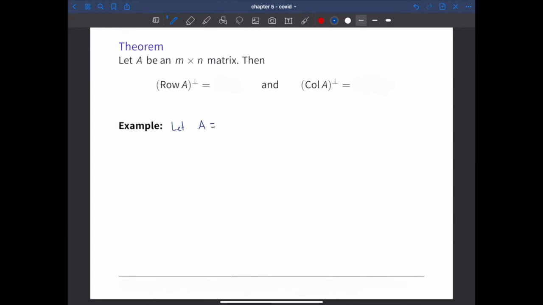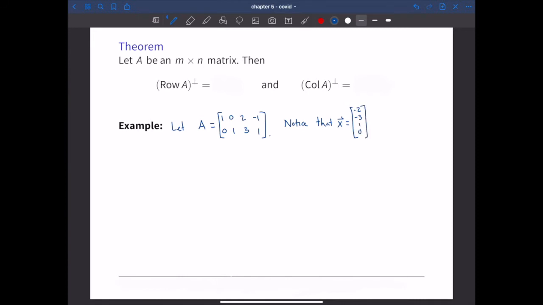Let A be the following matrix: 1, 0, 2, -1, and 0, 1, 3, 1. Okay. Well, notice I'm going to give you a vector x, which is equal to -2, -3, 1, 0.